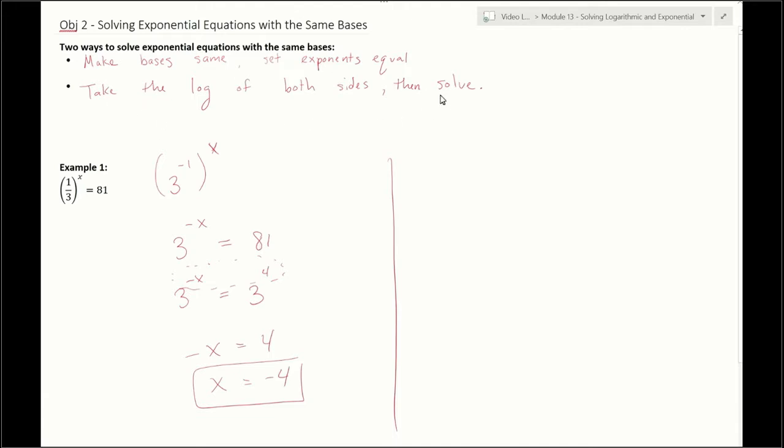Now, for our other way to do this, I'm going to take this equation and I'm going to take the log of both sides. All right, now we have this one trick from our properties of before. If I have log of something to a power, that power comes out to the front.